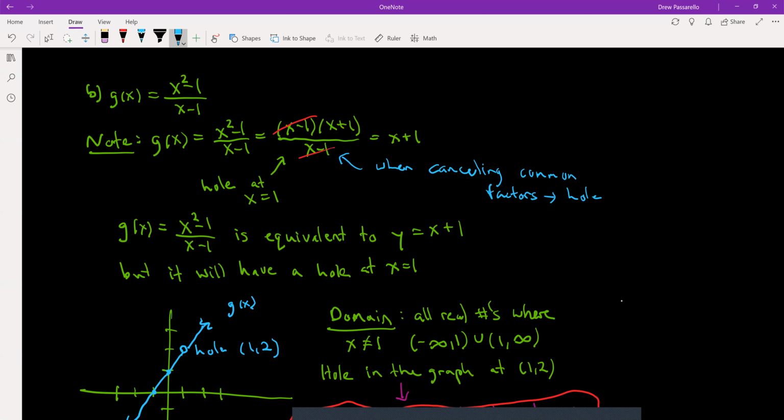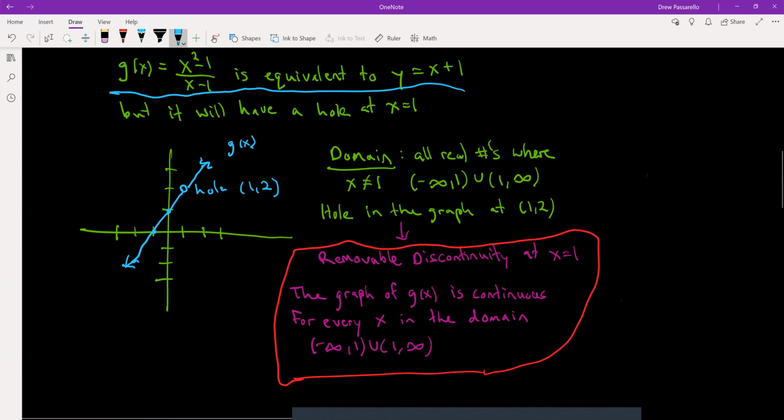So the g of x function is equivalent to x plus 1, which is a line with a slope of 1 and a y-intercept of 1, with the caveat that it has a hole in the graph at 1.